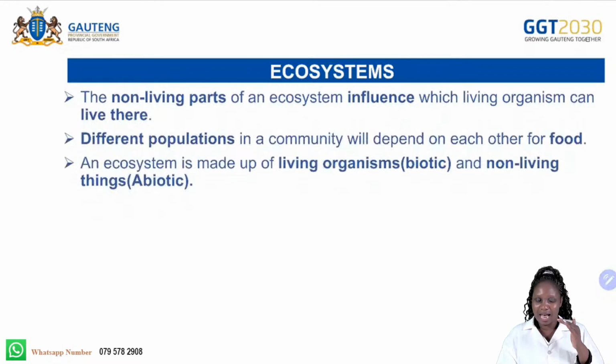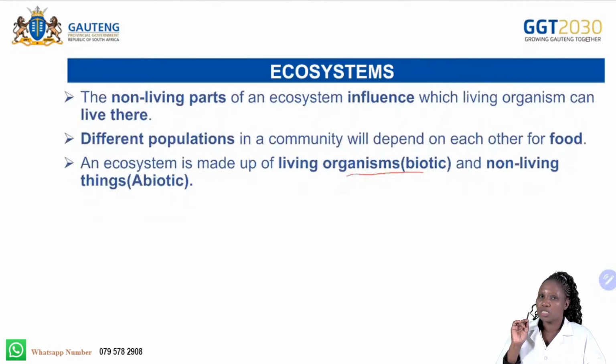Because there are animals, different populations will depend on other animals for food, all right? An ecosystem is made up of living organisms, and we said living organisms, we call those biotic. And then the non-living, these are abiotic, and they influence which animals can survive in different conditions. All right, let's move on.